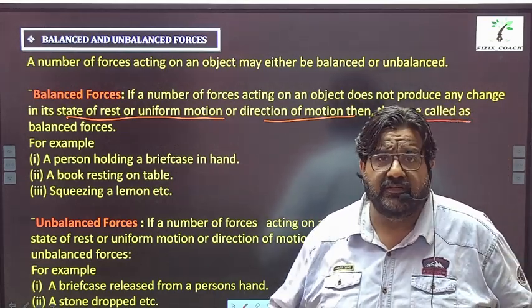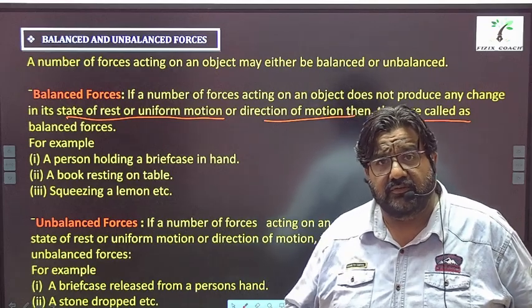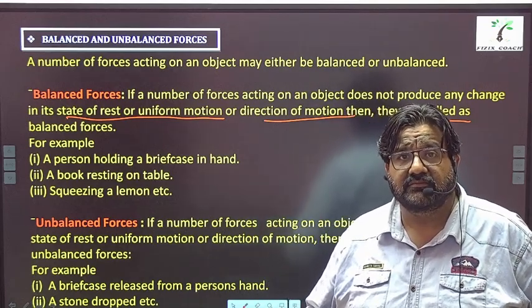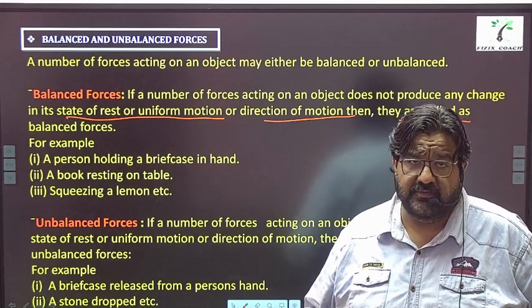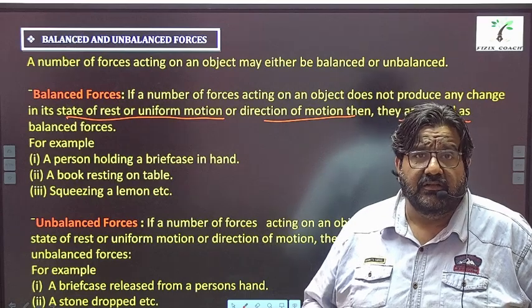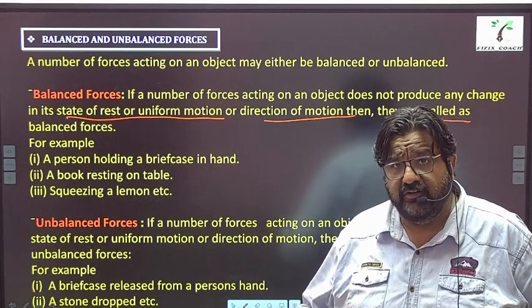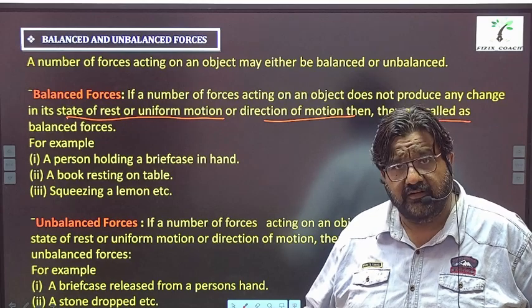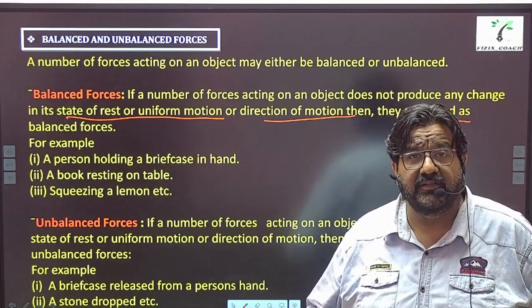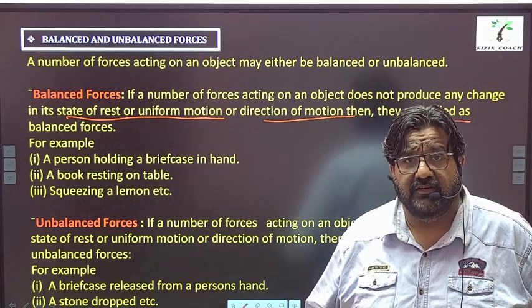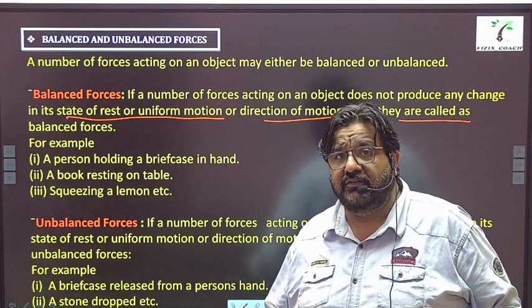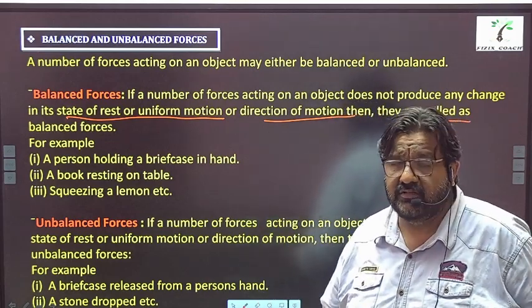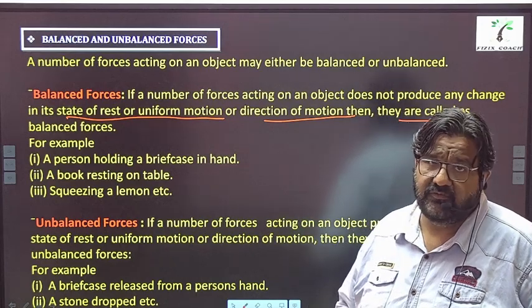In case of unbalanced forces, one of the forces acting would have a higher value. The direction would be opposite, obviously. There would be some value for the net force, and there would be a change in the state of rest or uniform motion or the direction. So this is how you can classify balanced and unbalanced forces.